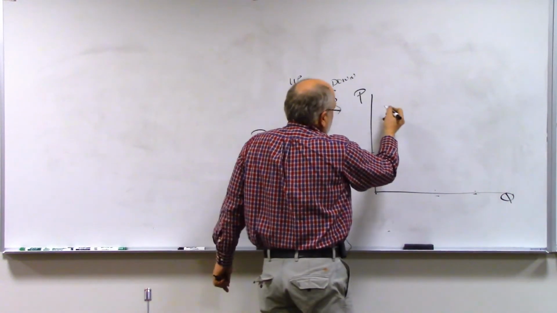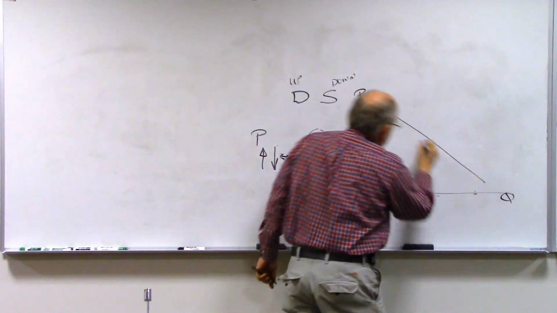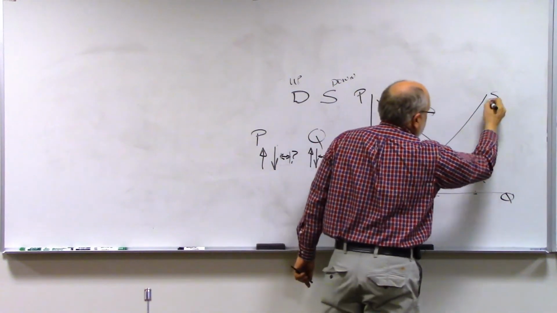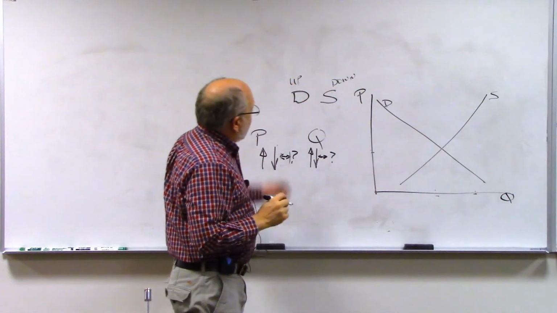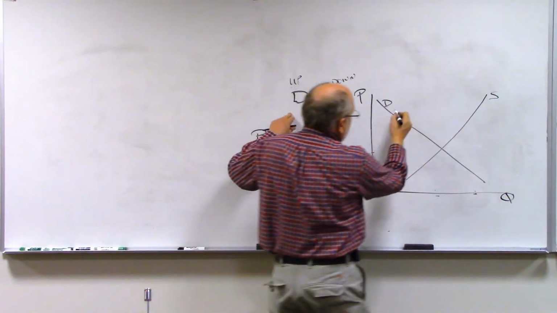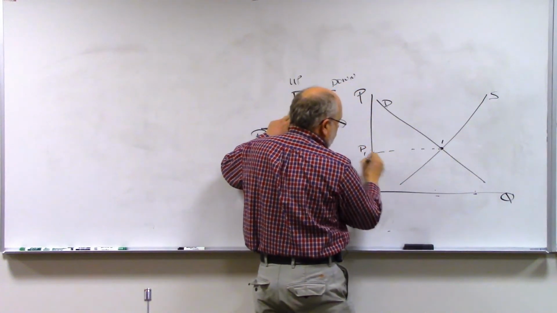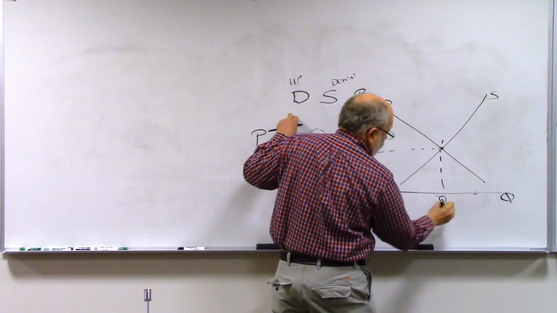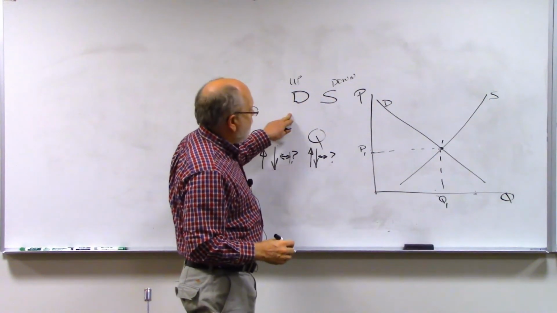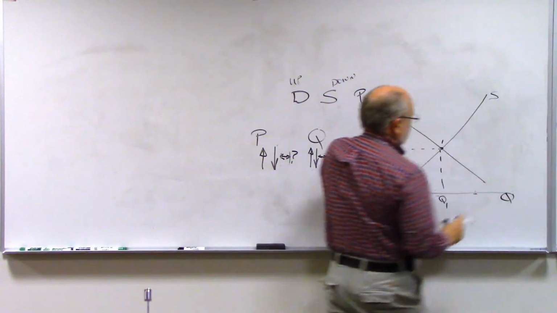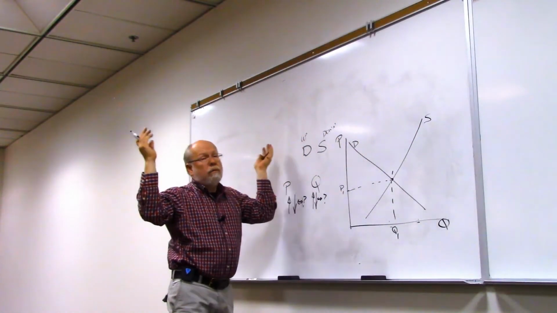It's increasing, but we don't know magnitudes. Well, we start out just like we did before. We start out with a demand curve, and then we have a supply curve. And we know that demand is going up. So we have to put our P1, Q1 here. It's going up, but we don't know how much. It's going up a little or going up a lot. We don't know.